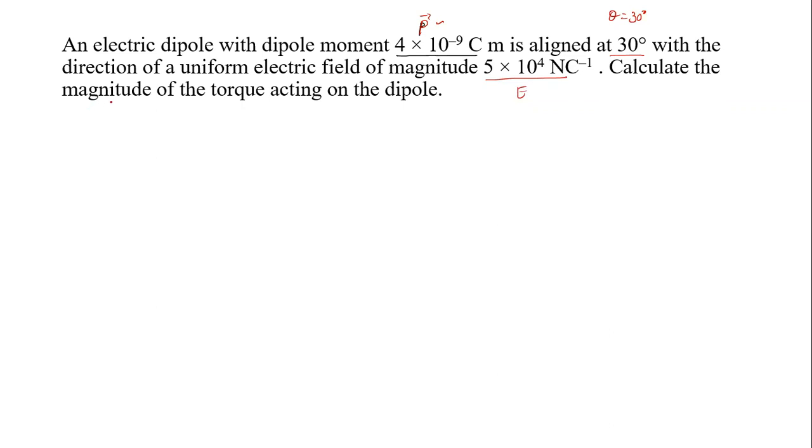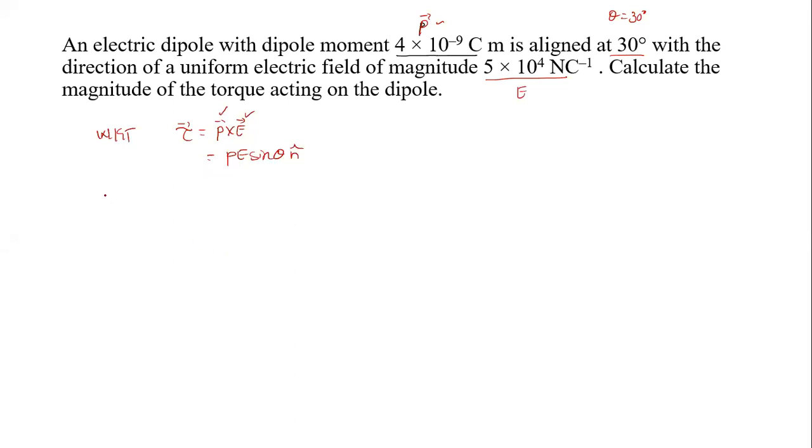Now calculate the magnitude of the torque acting on the dipole. We know the torque on a dipole is tau equals P cross E vector, which equals PE sine theta into n cap, where n cap is the direction vector perpendicular to the dipole moment and electric field.